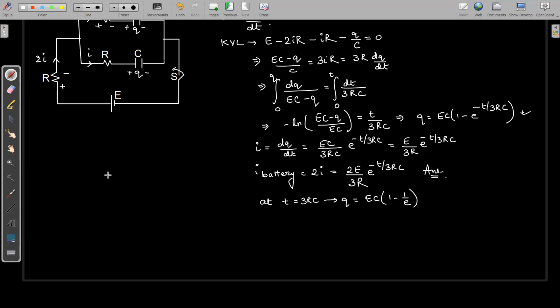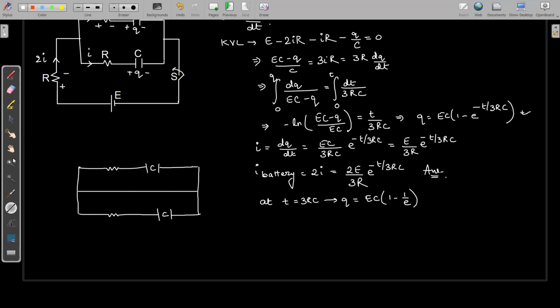Right. So if you redraw this circuit, you can see that it has two capacitor branches. This is one branch and this is our second capacitor branch. If you close the switch K, this part will be short circuited. And since we have opened the switch S, there will be no current through the battery and resistor.